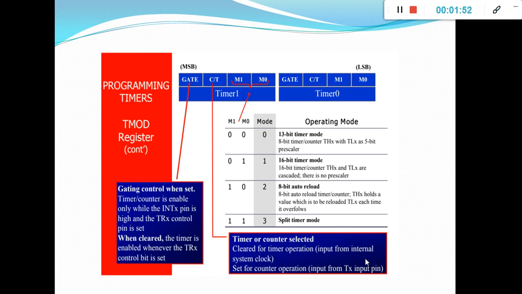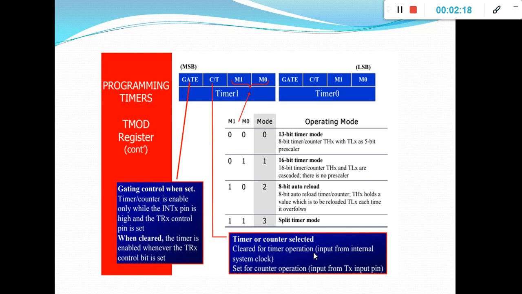Here C bar T is there in both timer 0 and timer 1. Suppose you are using timer 0, you have to put 0 here. If you are using timer 1, you have to put 0 when you are using it as a timer operation. I told you that it has to be cleared for timer operation. When it is acting as a timer, you have to give input from the internal system clock.